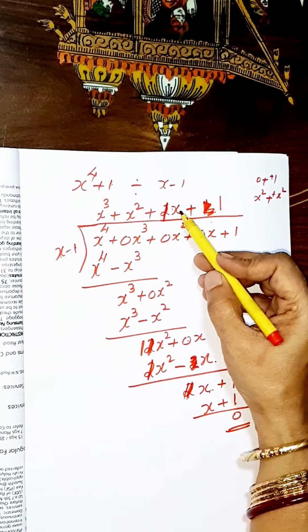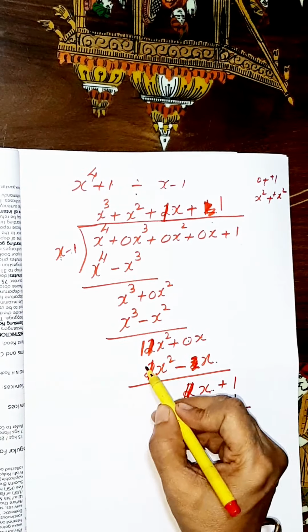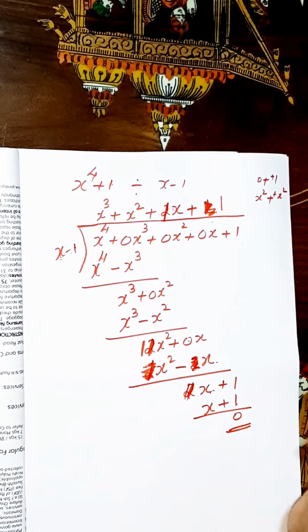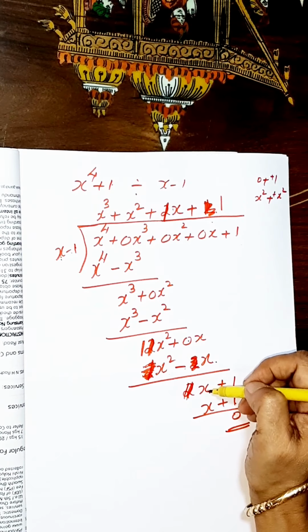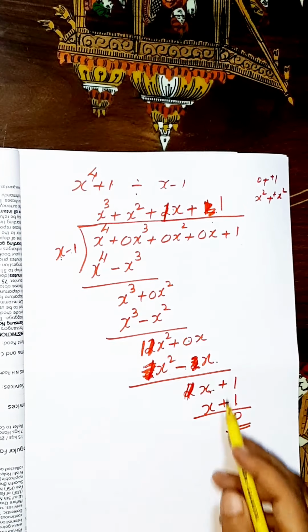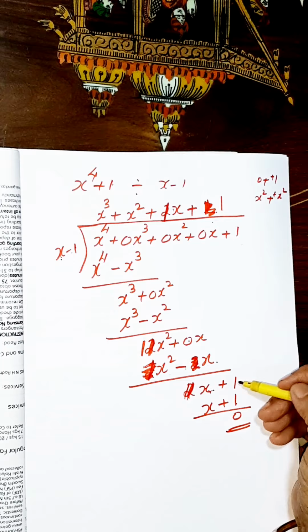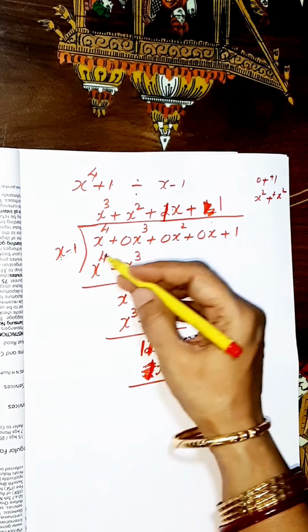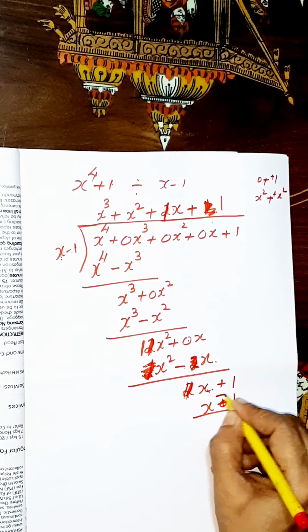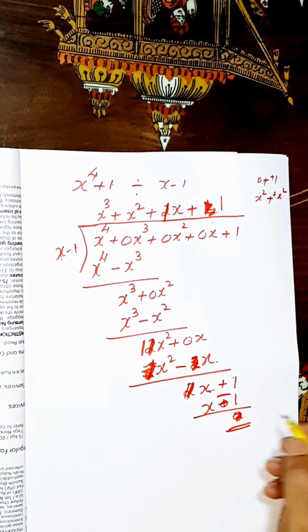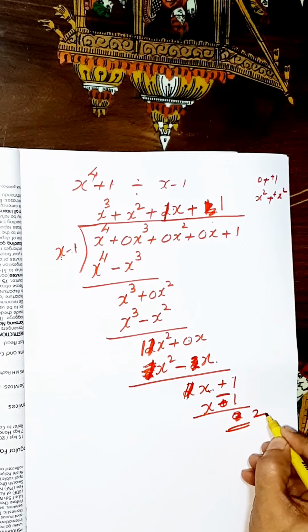Here you are multiplying x into x, x squared minus x. 0 minus minus x will become plus x. Then you are bringing down 1, and then 1 into x, x. Again 1 into minus 1, this is minus 1. So 1 minus minus 1 will become, you will get a remainder of 2.